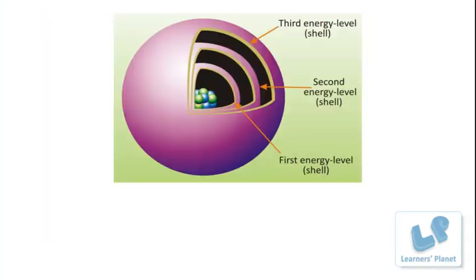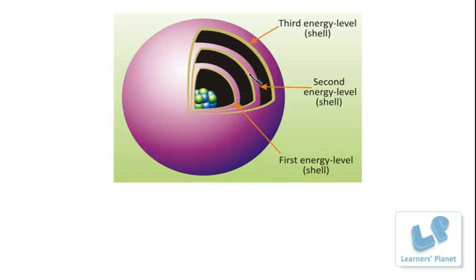I'll show you this. See, this is what Bohr suggested. The electrons are revolving in different energy levels. So when it moves from the first energy level to the second, what will happen? It will absorb energy. When it comes back from the third energy shell to the second energy shell, it emits energy. But when it is moving in one energy level, it is neither absorbing nor emitting energy.